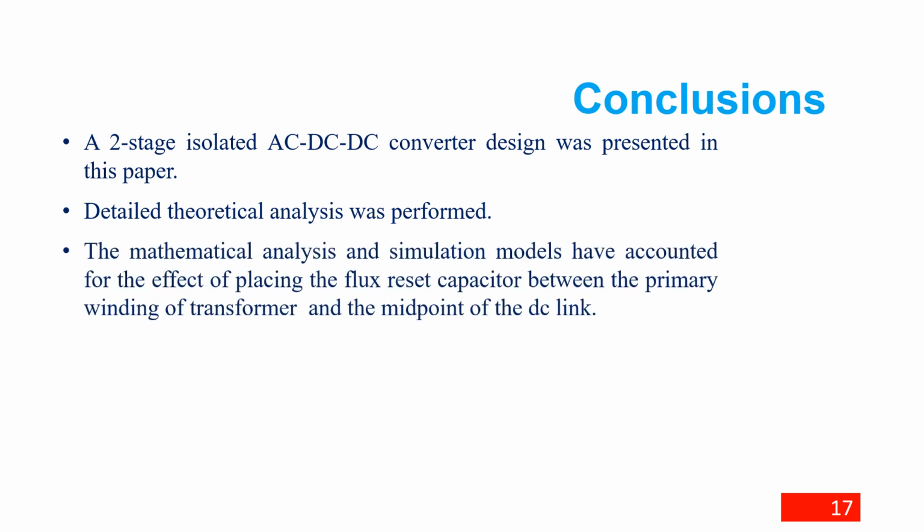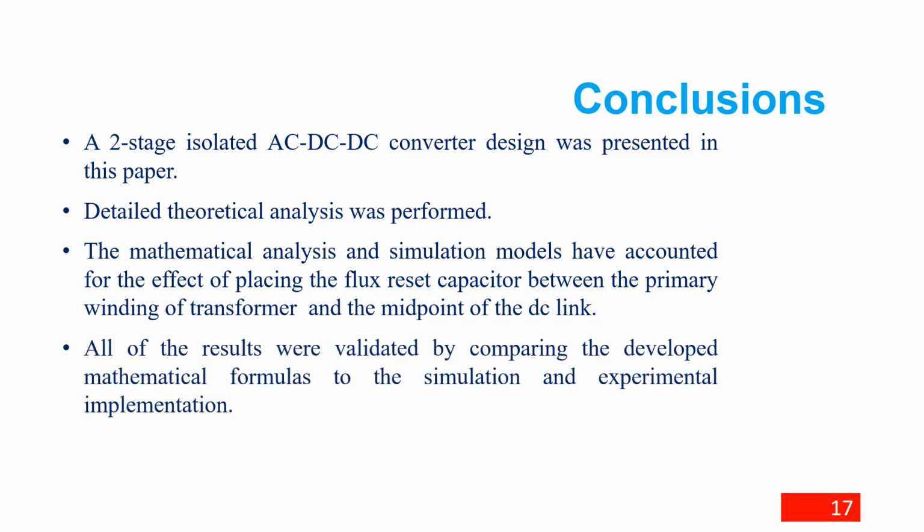The mathematical analysis and simulation models have accounted for the effect of placing the flux reset capacitor between the primary winding of the transformer and the midpoint of the DC link. The results were validated by comparing the developed mathematical formulas to the simulation and experimental implementation.